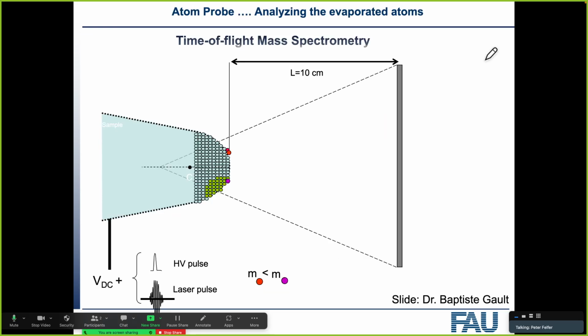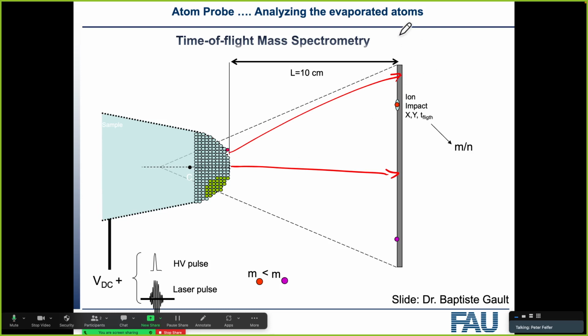Okay, so how does the time of flight mass spectrometry work then? Well, if you have a light atom, then it travels faster than a heavy atom, and this is essentially the mass spectrometry. Here, for atom probe tomography, we already include the aspect that an atom that flies up to here has a shorter distance to fly than one that flies up to here. This is also something we need to take into account.